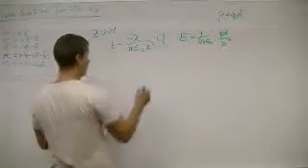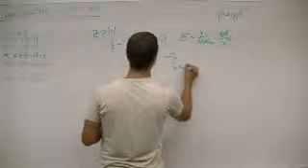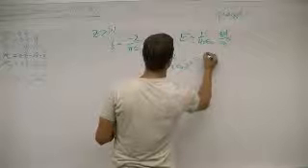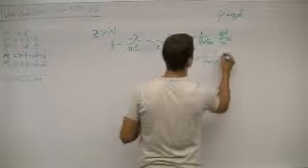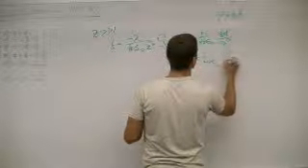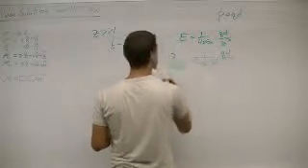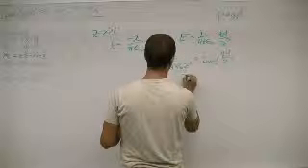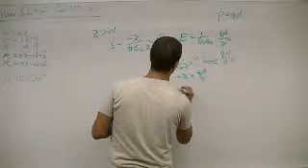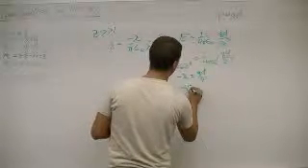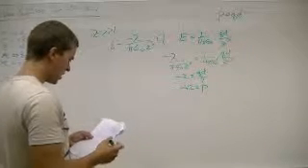And what that ended up giving me: negative lambda over pi epsilon naught z cubed equals 1 over 4 pi epsilon naught times qd over z cubed. Make the cancellations, so pi, basically end up with negative lambda equals qd over 4, and then I get negative 4 lambda equals p, making that substitution there.